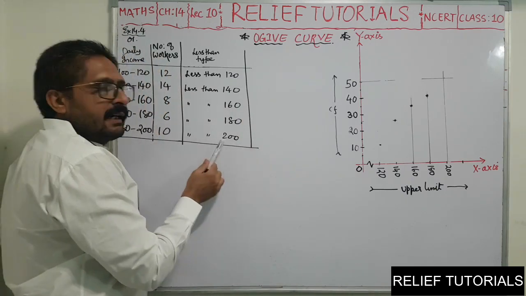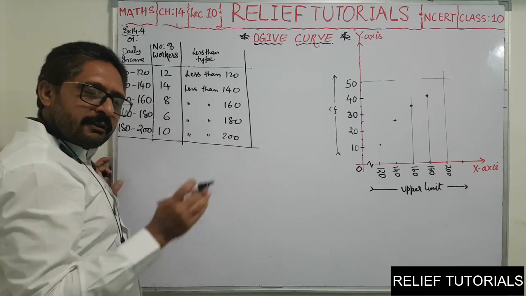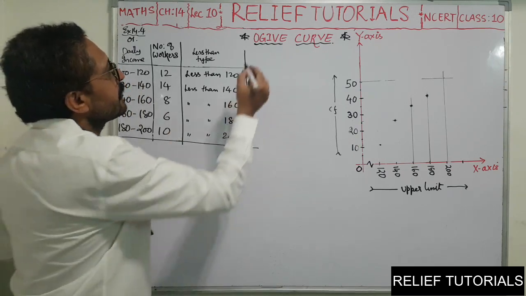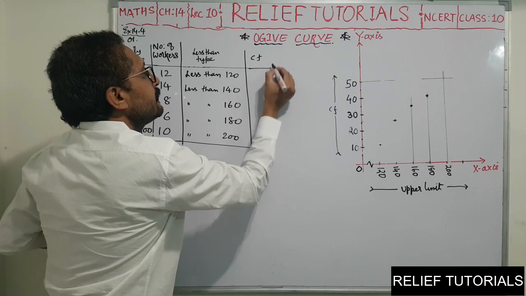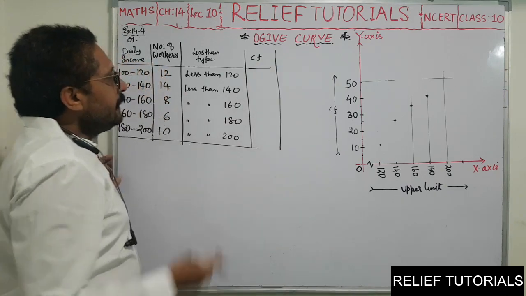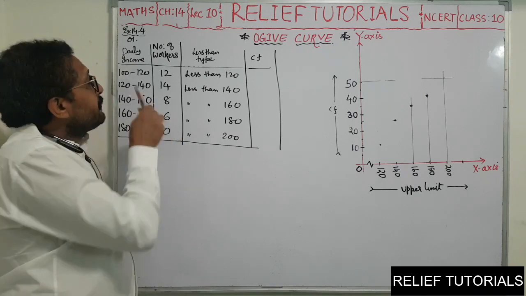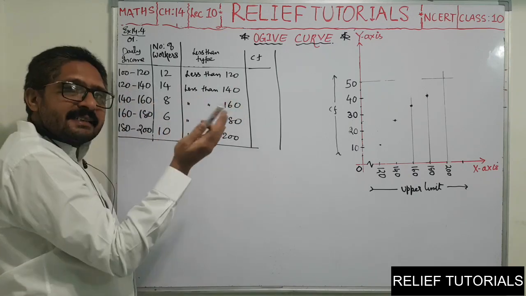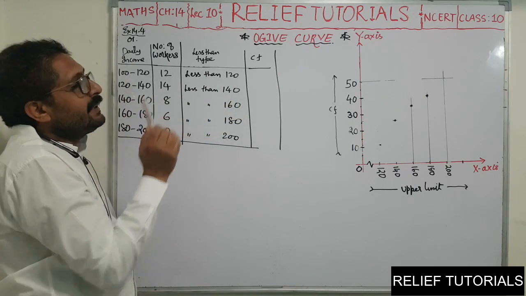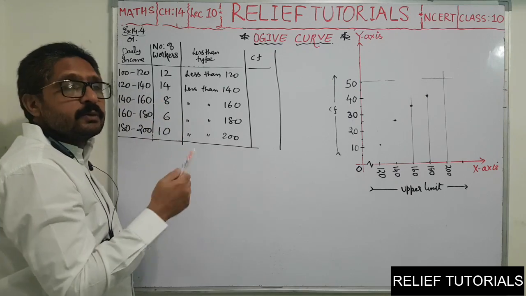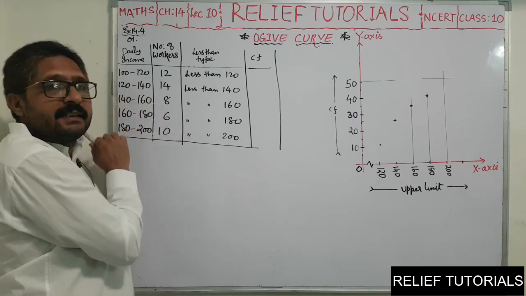This is frequency, and with less than or more than, there will always be cumulative frequency. So here cumulative frequency. See, 100 to 120, whose income is between 100 to 120, and I want to write less than 120 rupees. So how many workers are there whose income is less than 120?